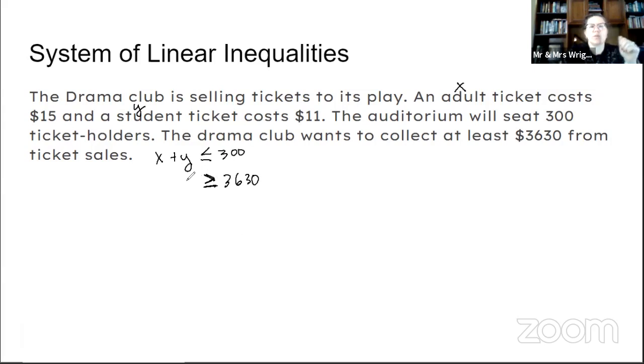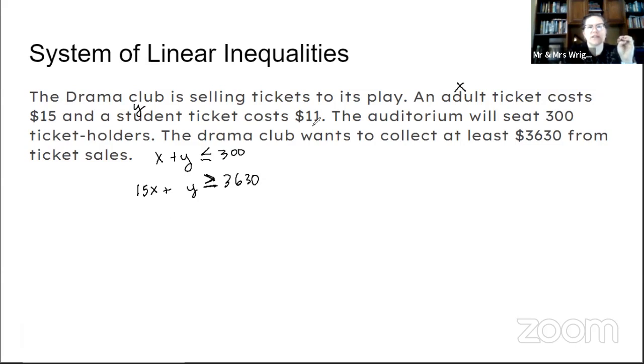Now we need to think about, what is this equation going to be over here? Well, we know it has something to do with how many tickets they sell, how many student tickets and how many adult tickets. And this is the money. So in order to find out how much money they make, we have to take the cost of a ticket times the number of tickets. An adult ticket costs $15. Adult is X. So to find the amount that you make, you do 15, which is the cost of the ticket, times X, the number of tickets.